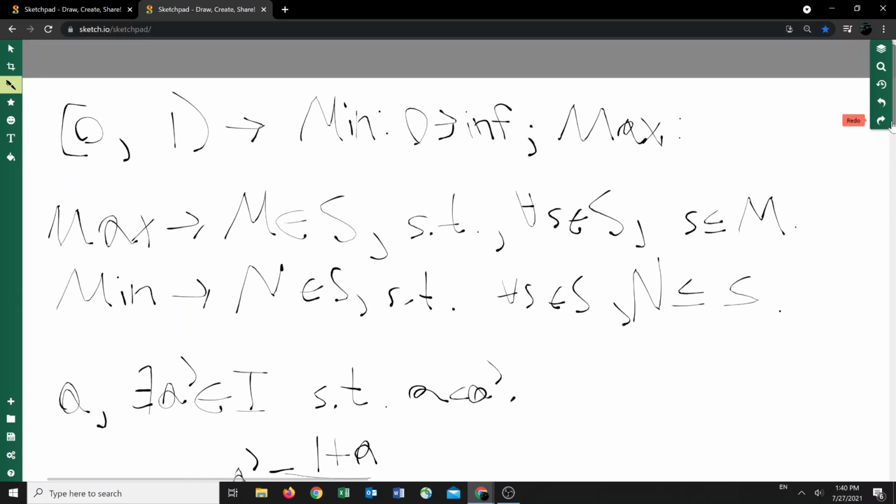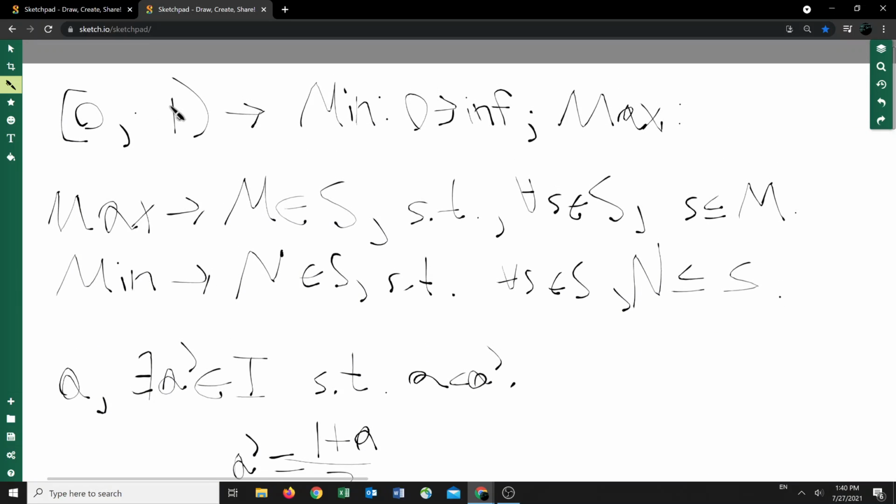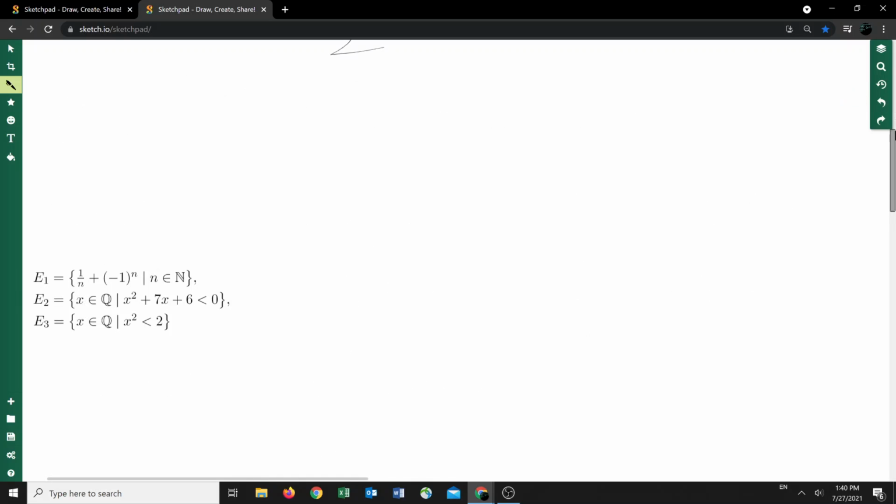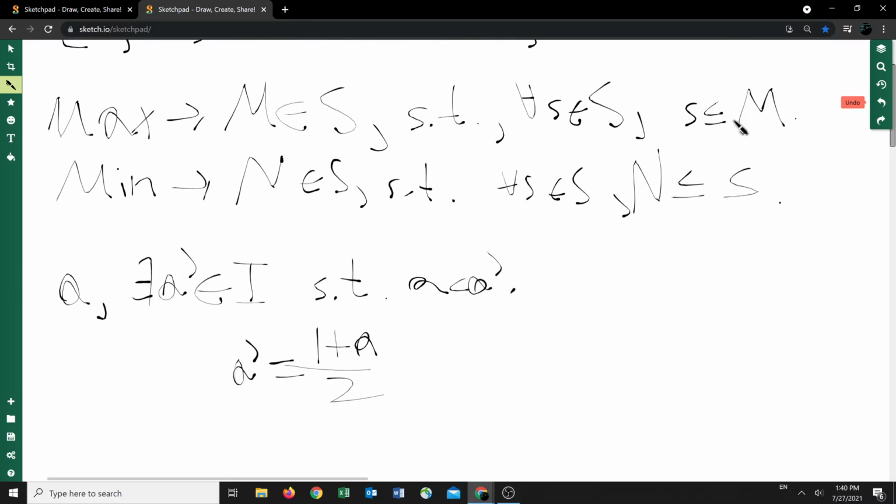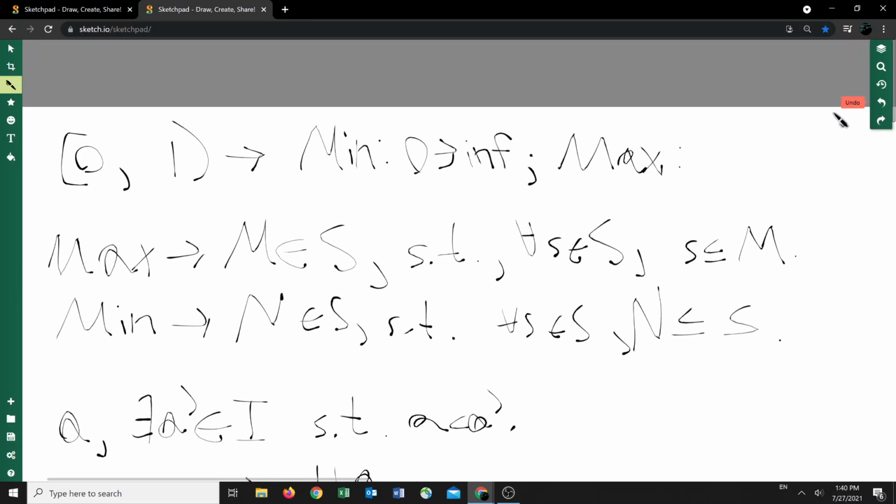Using a similar method, you can show that 1 is the supremum. Actually, just showing that there is no maximum should suffice to say that 1 is the supremum. So the max doesn't exist, but the supremum is equal to 1.